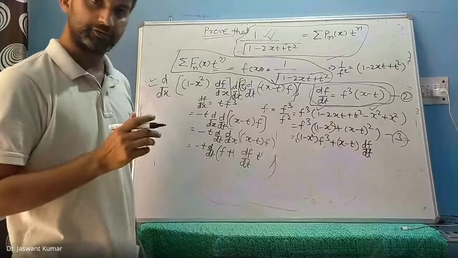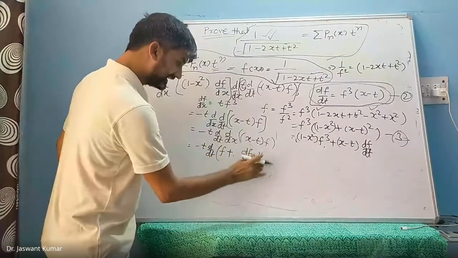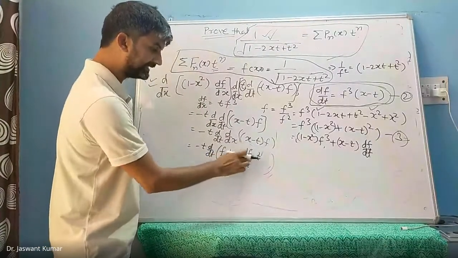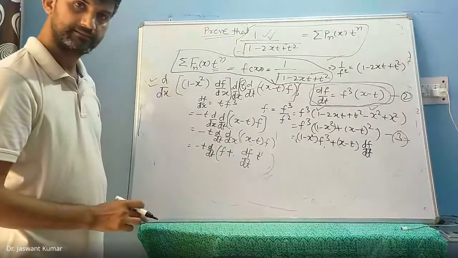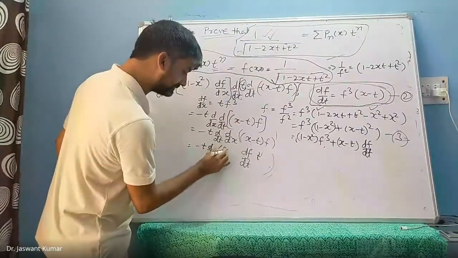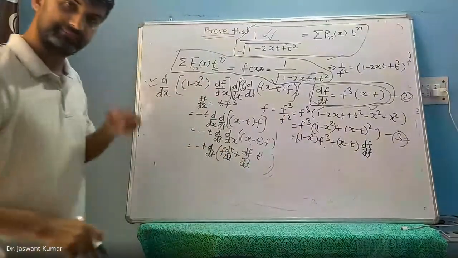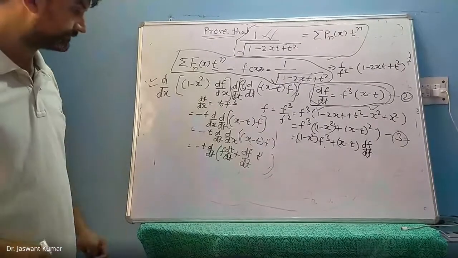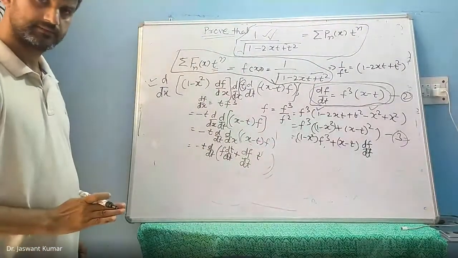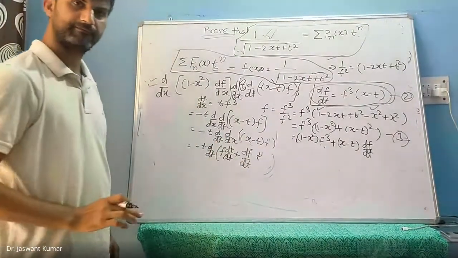The reason we are doing this is that now this can be d by dt of a plus dA by dt into b. You know? And the reason it is written like this is because this can be written as dt by dt. This one can be written as dt by dt. Okay, so this whole thing can be written as d by dt of t into f.